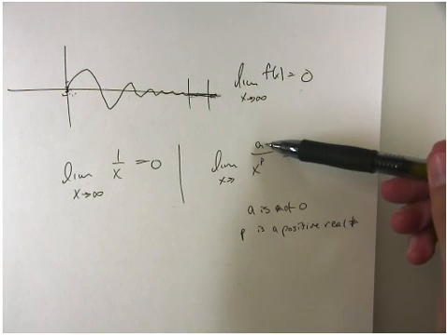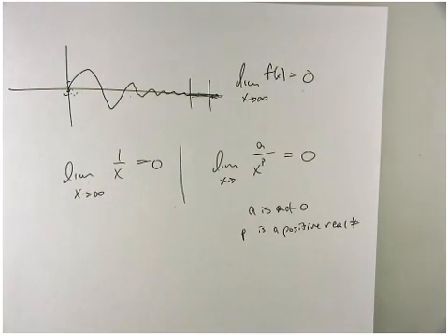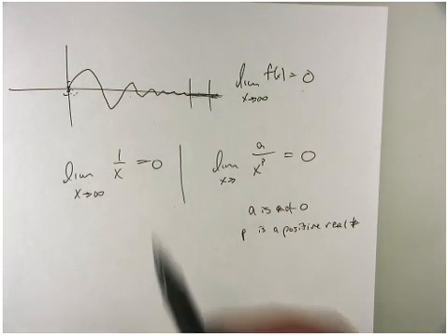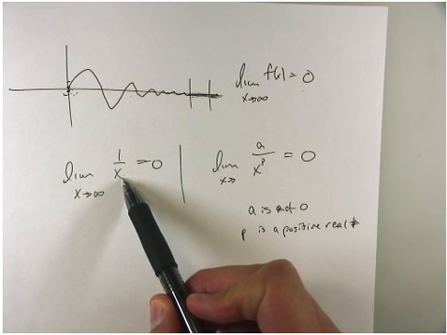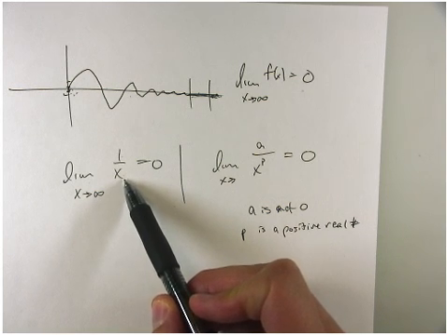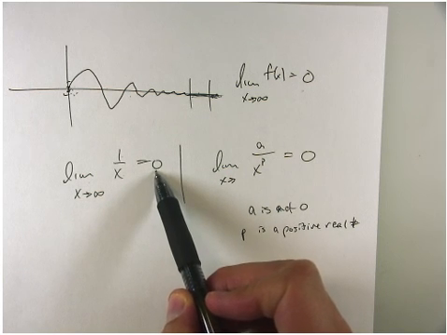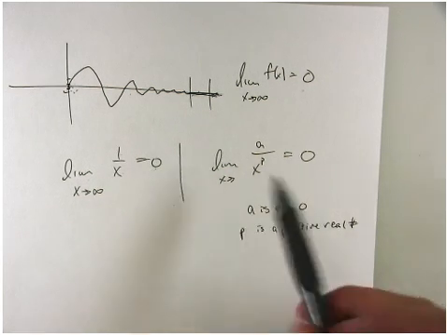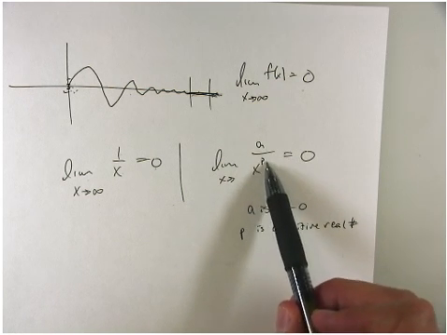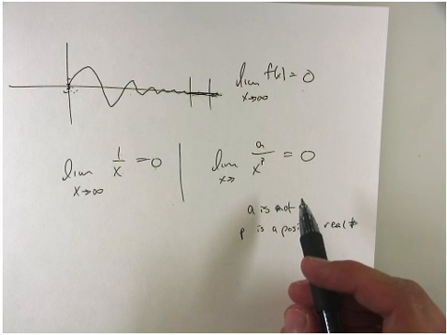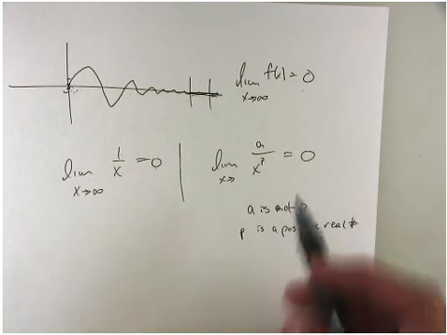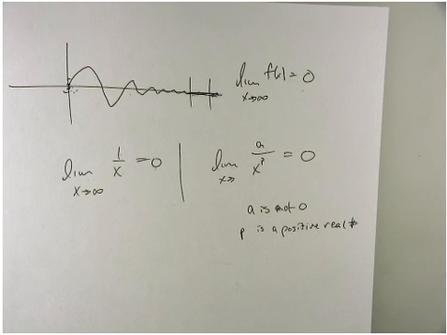Because you're taking a number and dividing it by increasingly large values. So of course you're going to get 0, right? If you take 1 pizza and you divide it by infinitely many of your friends, how much pizza do you wind up eating? None, right? If you have 5 pizzas and you divide it by infinitely many of your friends, you still don't get any pizza. You get 5 times as much, but it's not quite enough.